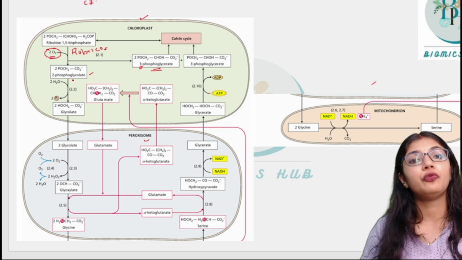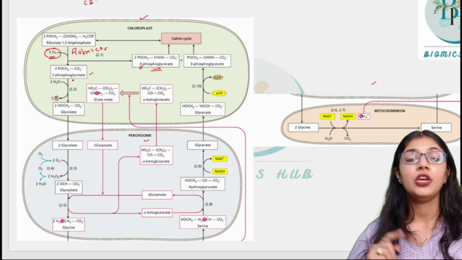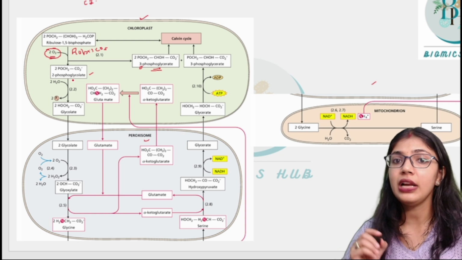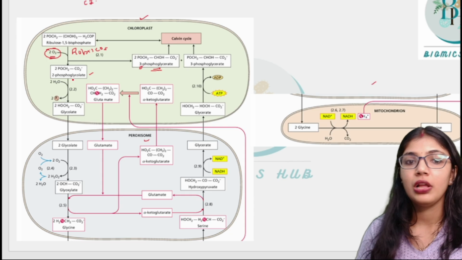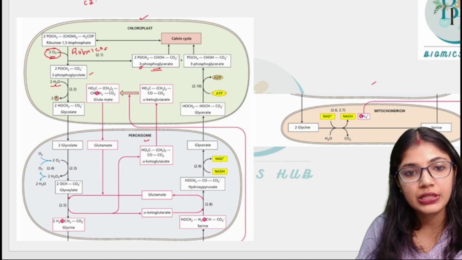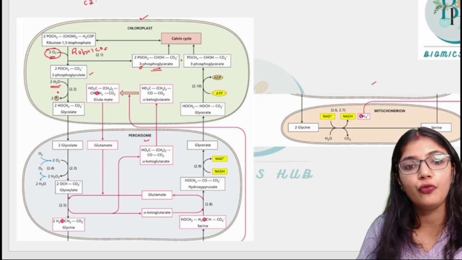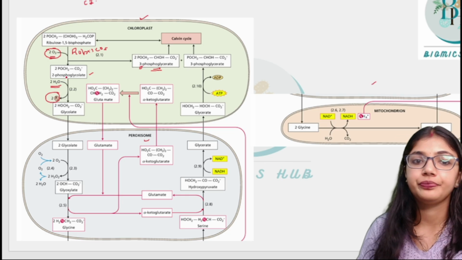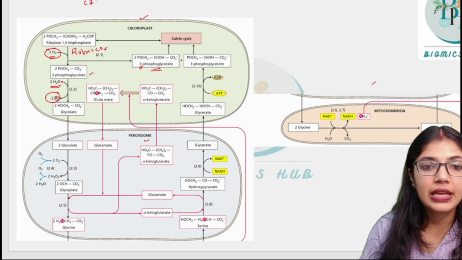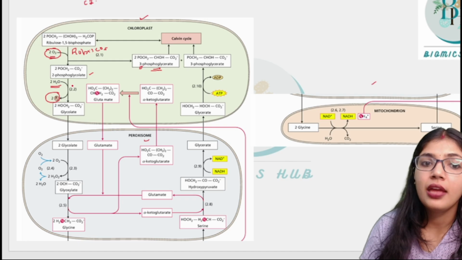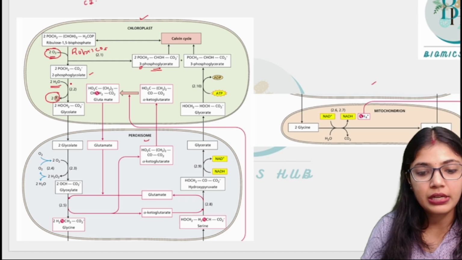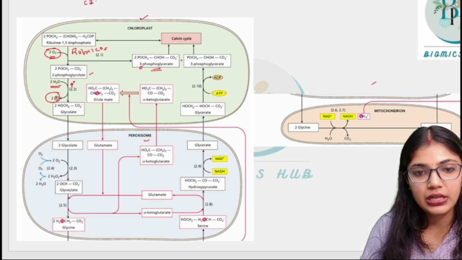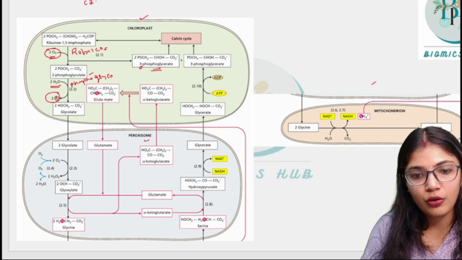Here there is removal of phosphate. For removal of the phosphate, H2O is involved. So here 2H2O is involved for removal of the 2-phosphate. As there is removal of phosphate, there is an enzyme which needs to be present here. The enzyme which is present here is phosphoglycolate phosphatase.